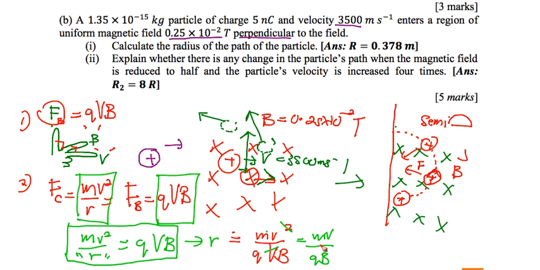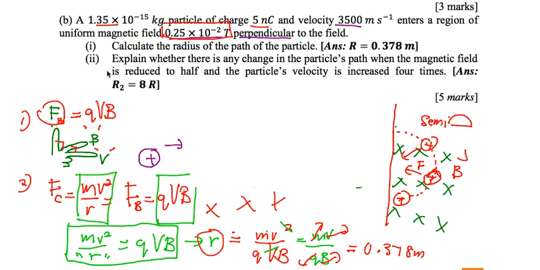The mass is given as 1.35 times 10 to the power of minus 15, V is 3,500 meter per second, the charge Q is 5 nanocoulomb, and B is 0.25 times 10 to the power of minus 2 Tesla. You can use the calculator to find that r is equal to 0.378 meter.